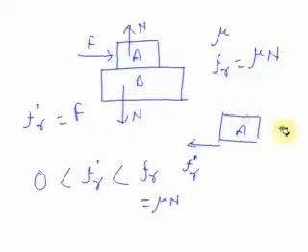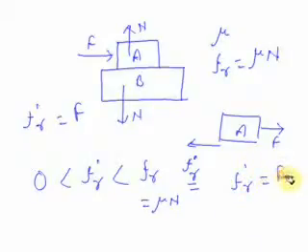The forces acting on block A are force F, which is the external force being applied on block A, and the friction force F dash R. Since block A is at rest, it is not moving, so F dash R must be equal to force F. In this case, the coefficient of friction mu is also called mu s, that is, static coefficient of friction.